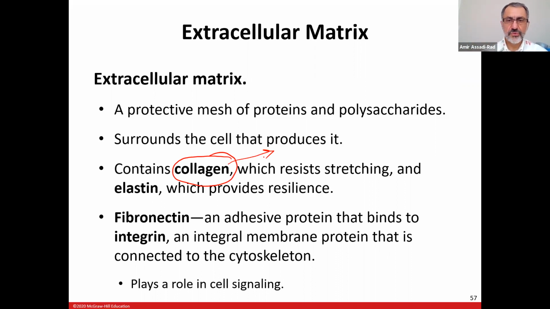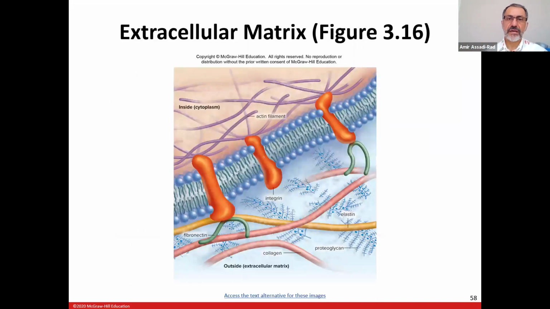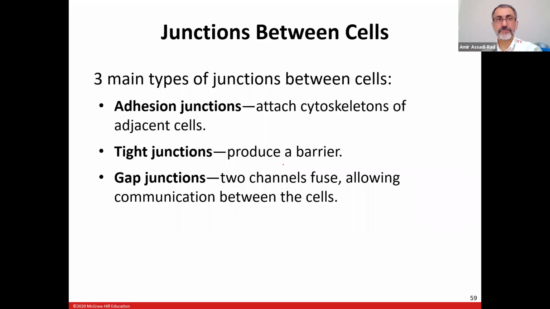And then there's fibronectin. These are molecules that can be found outside of the cell, and of course, I forgot to say inside of the cell too. So these protein molecules, outside and inside of the cells, are called extracellular matrix. And they are attached to protein molecules within the phospholipid bilayer. You remember that? We talked about it.